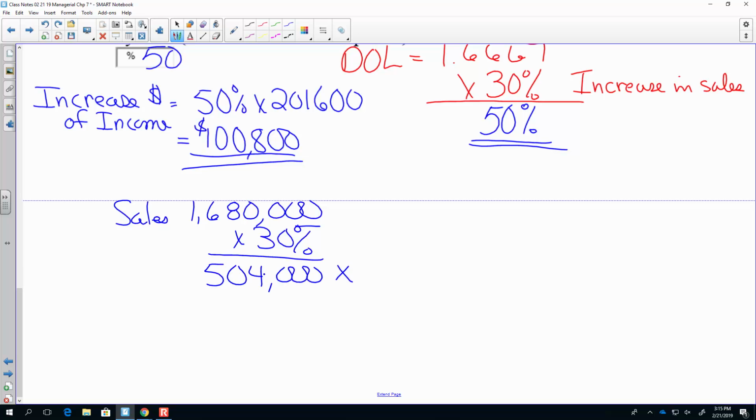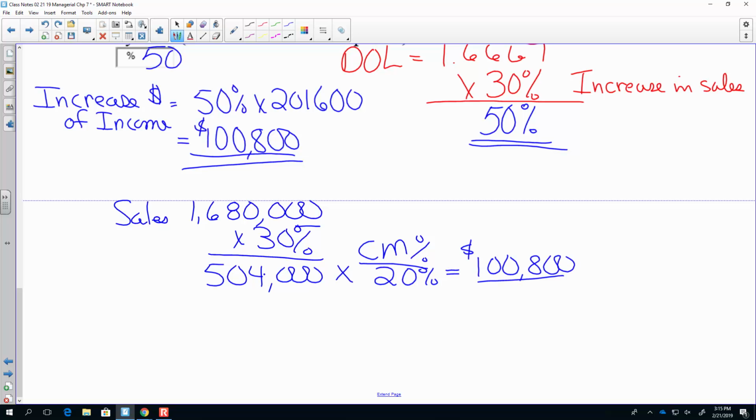What was my contribution margin percentage? I forgot. For this problem, 20%? Yeah. That's good because then it comes out. Very good, Allison. Guess what I get?